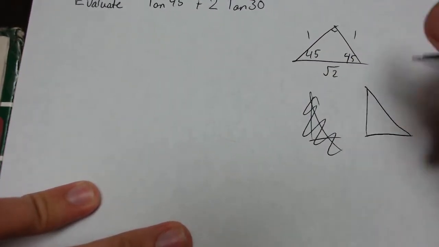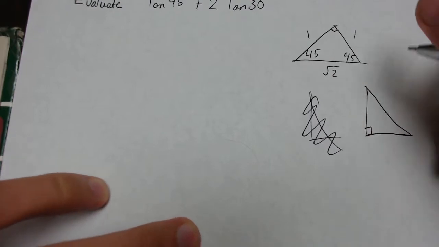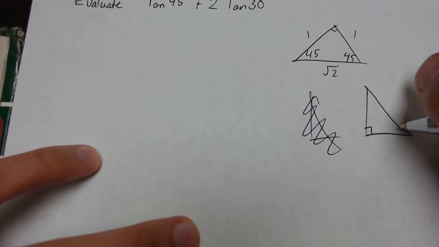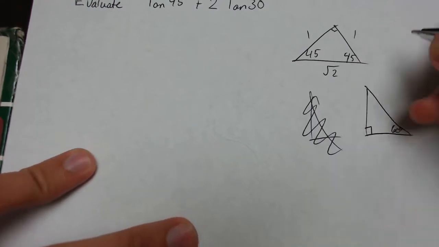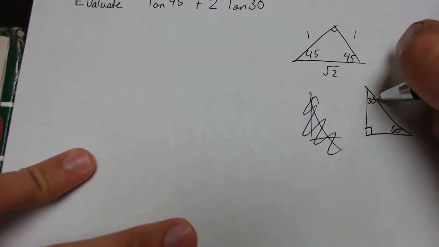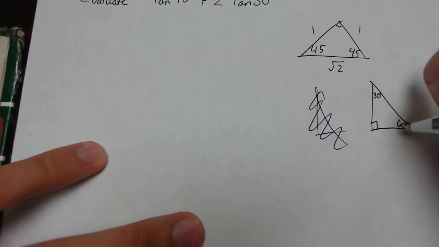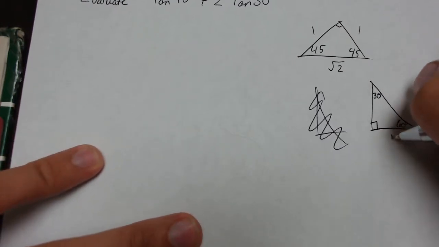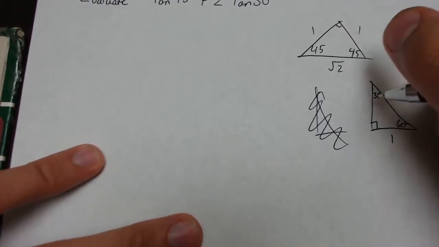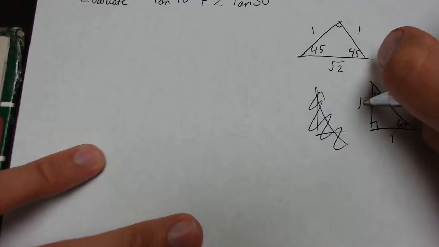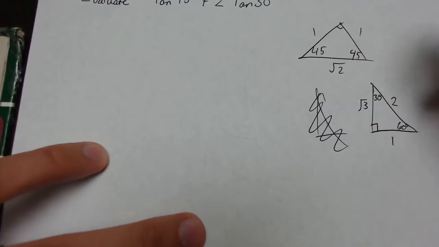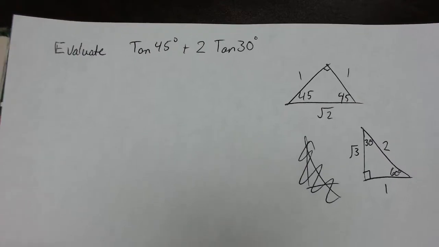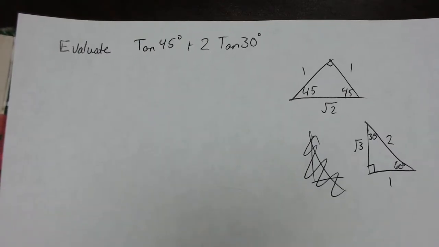And you guys should be practicing these triangles more and more, and eventually you'll be able to draw them from memory. So we know the 60-degree side makes the bigger leg, the 30-degree side makes the shorter leg, and then the shorter leg is going to be 1, the bigger leg is going to be root 3, and the hypotenuse is 2. So once we've got that written up, we can go ahead and start solving.